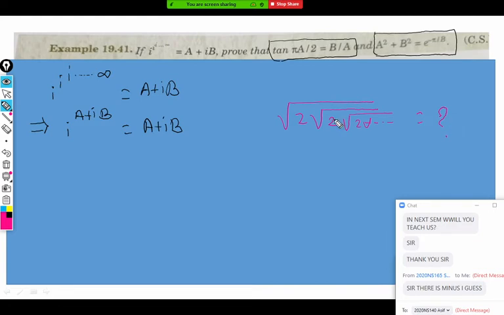In such a case, you'll assume this entire expression as x, but if it is infinite times, you can write it as it is x, so you can write root 2 into root x, and then you solve it. Okay, I think this still may not be clear to you.